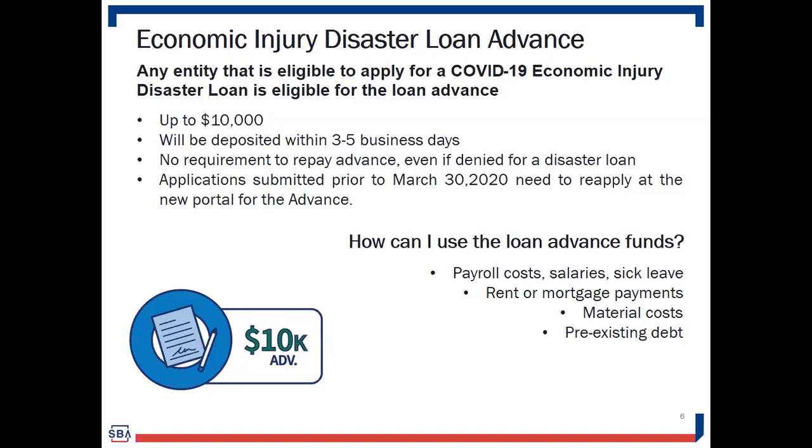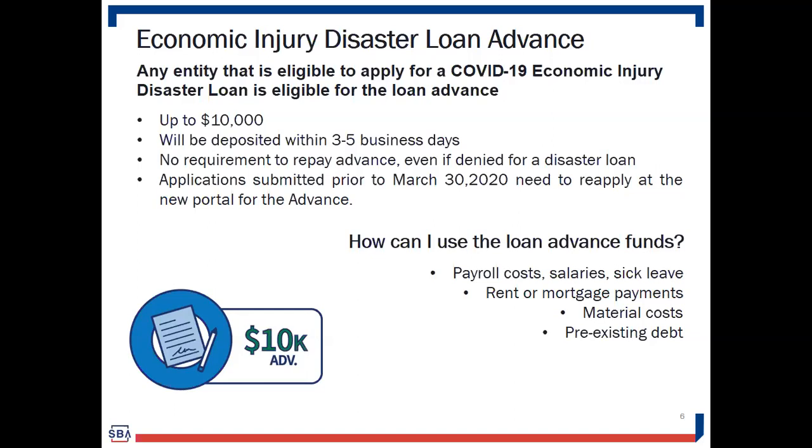I know that for some folks that have applied, I think the 3 to 5 days was somewhat ambitious, although I know that some businesses are starting to see the advances. So if you applied for the EIDL advance, just know that that money is starting to flow out to the business owners. And that particular program can be used to cover, again, payroll expenses, rent and mortgage payments, and then the ongoing day-to-day things that you need to keep your business open.